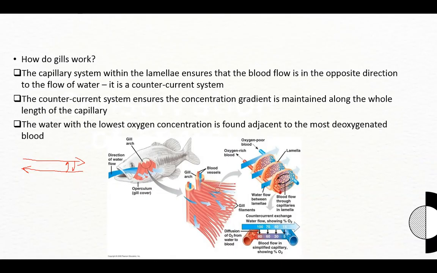And this is what is going on inside. So you have the rich oxygenated blood and the oxygen poor blood, and you have the water going through here. So the water flows between the lamellae, and the blood flow through the capillaries in the lamellae is also in this direction here, right? So counter current.